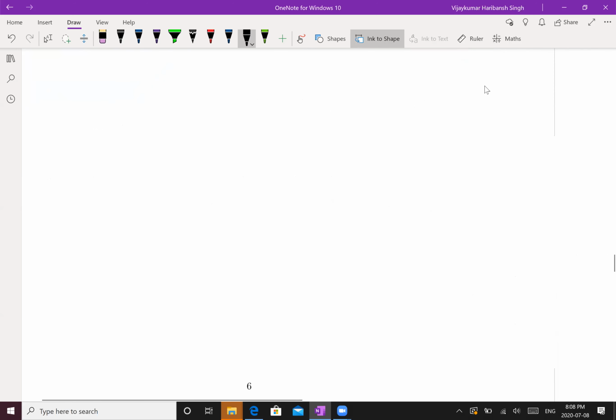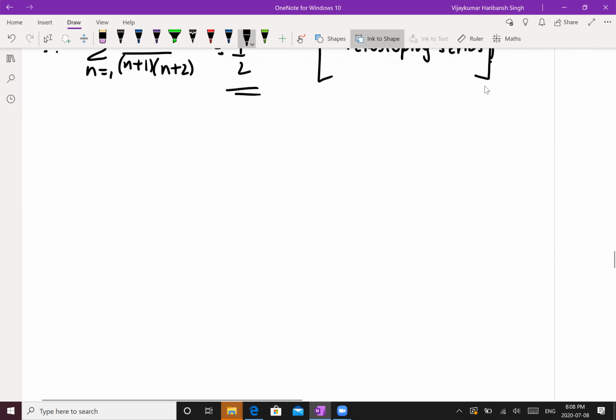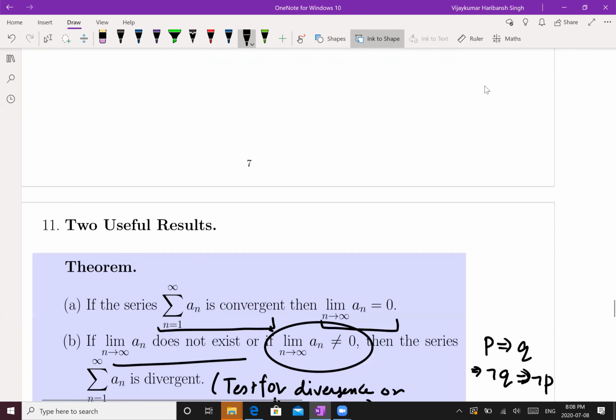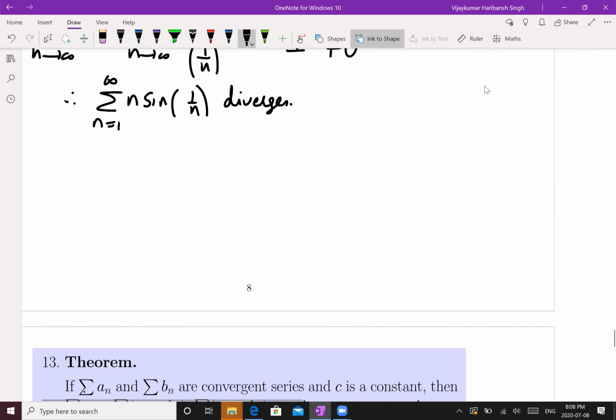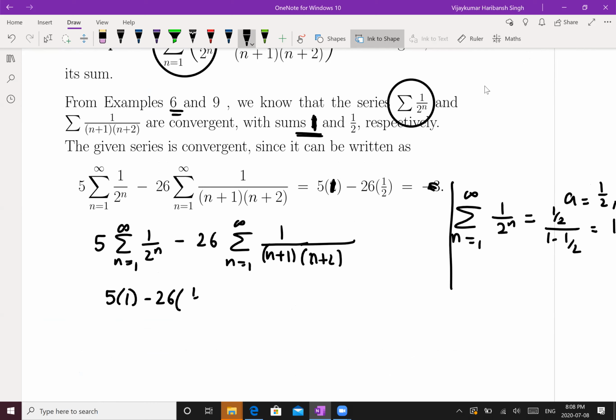So if we go back, we found out that this series converges to half. So you put half here. So this is going to be 5 minus 1, which is 4. So this is what your series converges to.